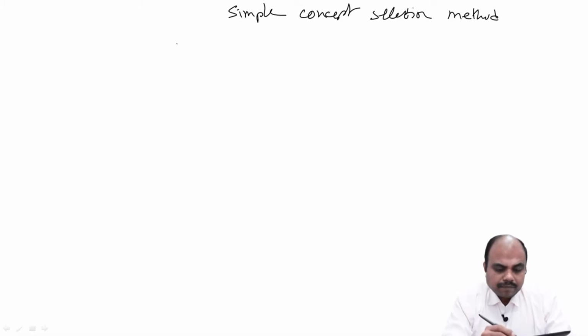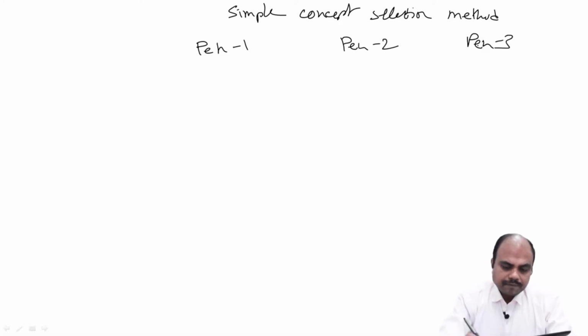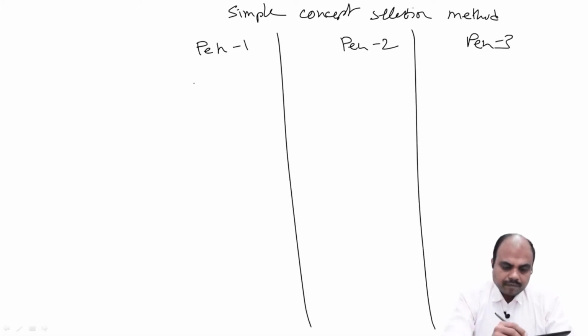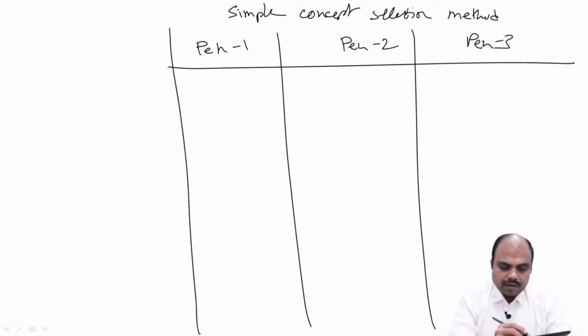Here, take for example pen 1, pen 2, pen 3. And there are some evaluating criteria which we can use. The first criterion is duration, how long you can use it.